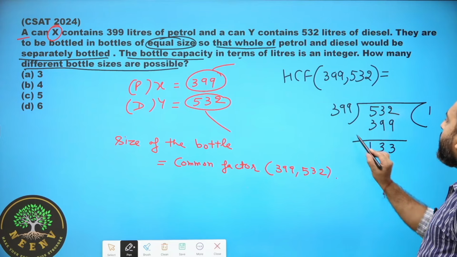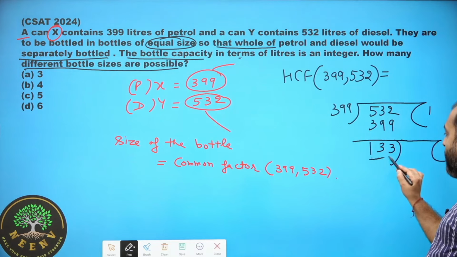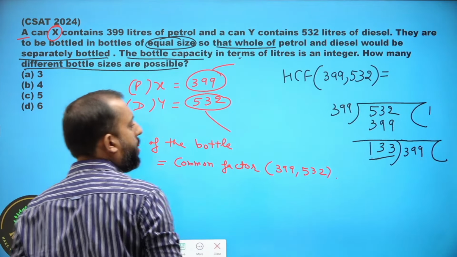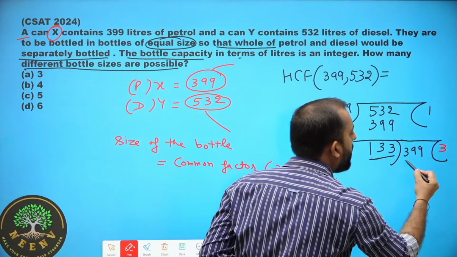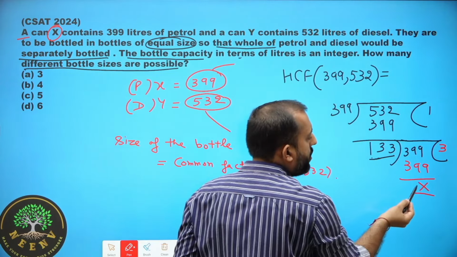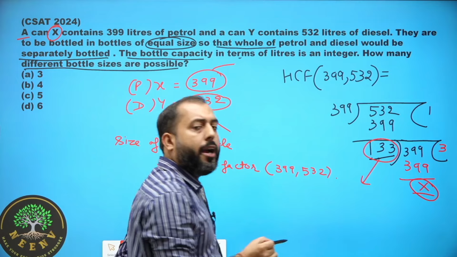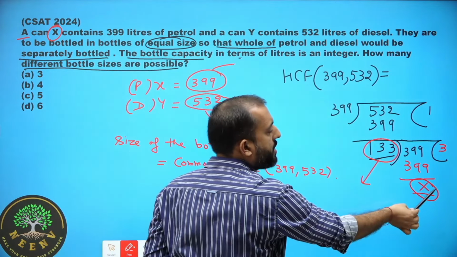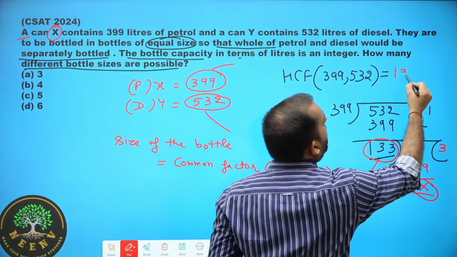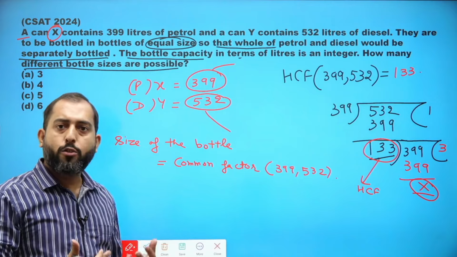Now 133 is smaller than 399, so 133 is the new divisor and 399 will be the new dividend. Now 133 threes are 399, remainder is 0. The step in which the remainder is 0 will provide me the HCF. So the divisor of this step is 133, so 133 will be their HCF. So the highest common factor of 399 and 532 is 133.